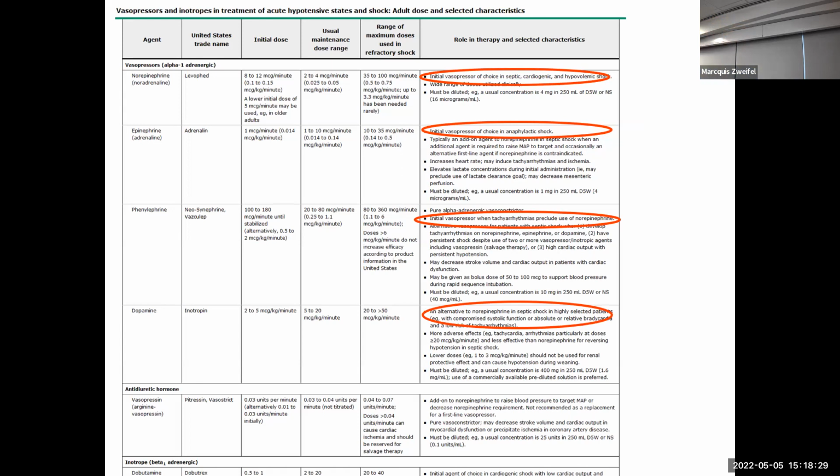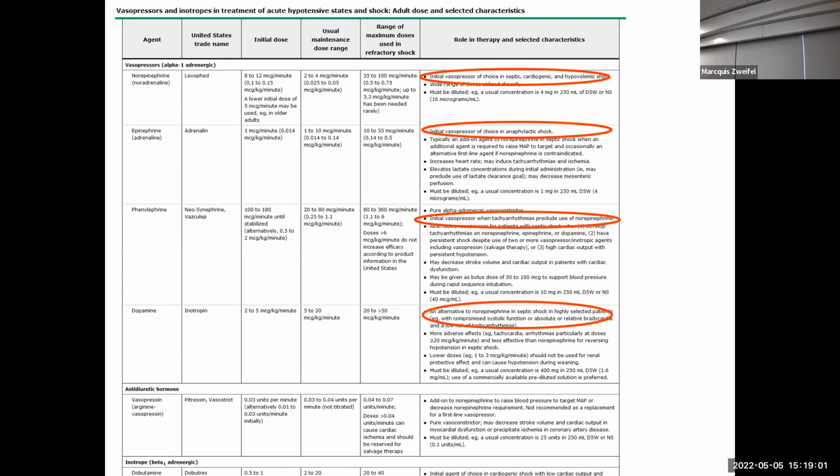Which shock other than cardiogenic shock? You know, in 2008, dopamine was number one for septic shock along with norepinephrine. Then data showed it worsened mortality in septic shock. Which patient that has hypotension do you prefer to start dopamine or epinephrine in? Okay, when you have bradycardia.